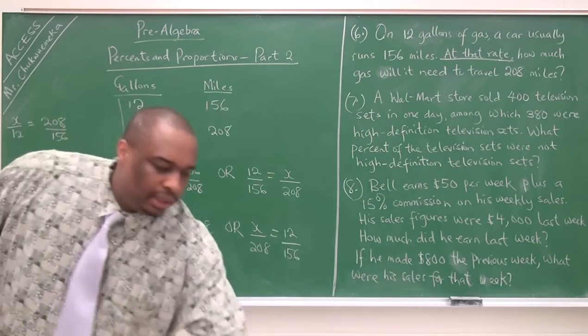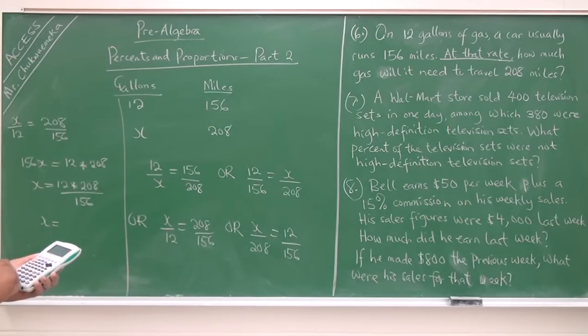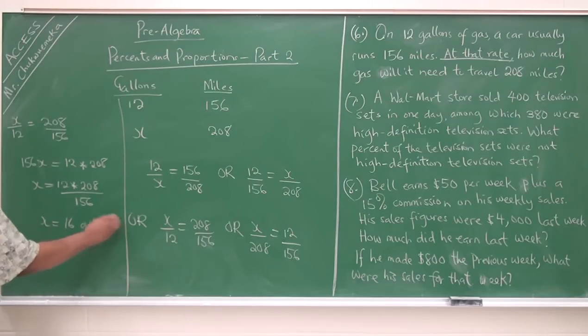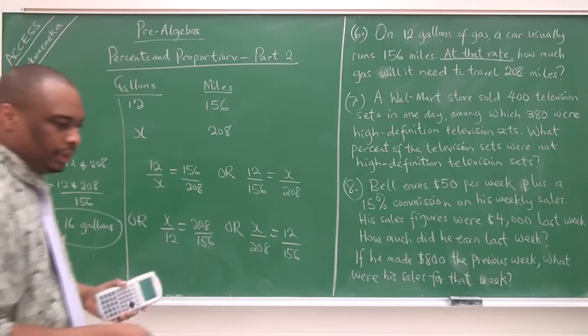I want to make this video short, because it has a lot of explanations. So when we divide it, we now get that X is 16 gallons. That means to run 208 miles, it will need 16 gallons. Right? Okay.